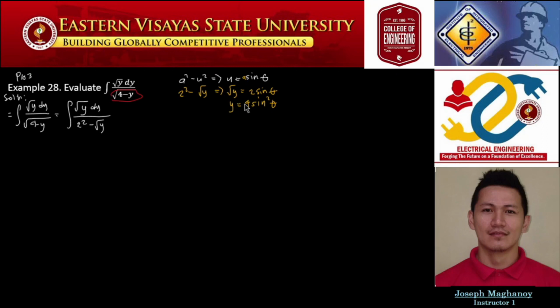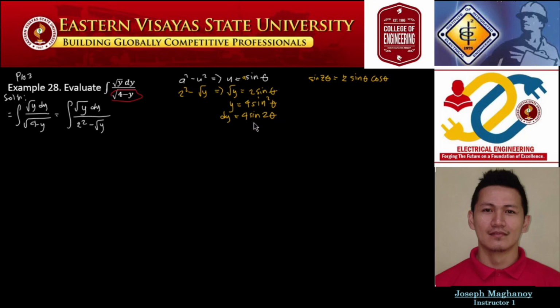So we need to get the first derivative of our y, that is your dy. If you get the first derivative of your y, that is 4 sine 2 theta. As we can recall, sine 2 theta can be written as 2 sine theta cosine theta.